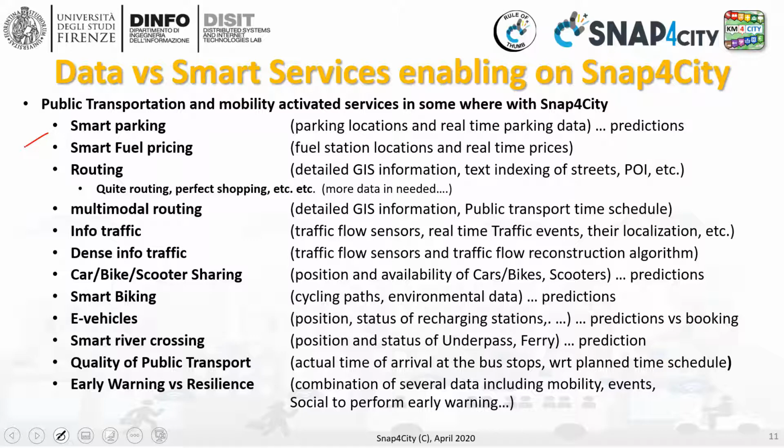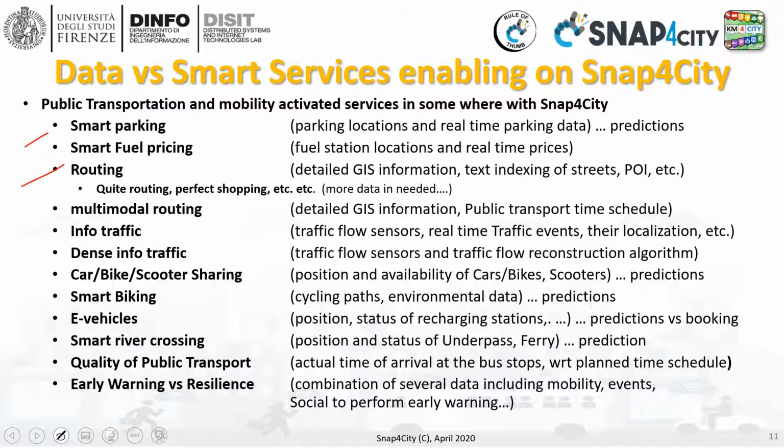If you would like to arrange some dynamic routing in a way that your ambulance or your fire brigade can take the right path in the right moment, is obviously another issue. So you need to have much more precise information regarding the real-time data in that moment of your city.